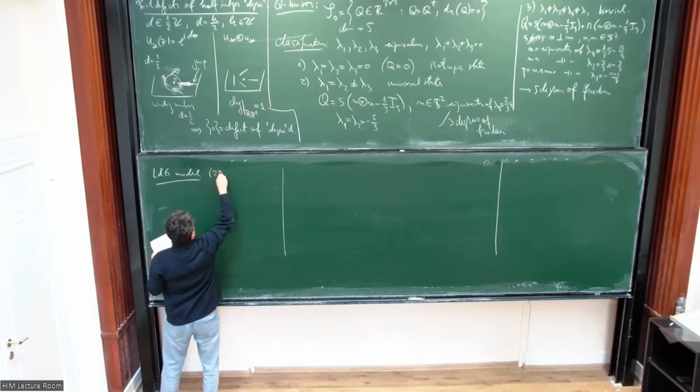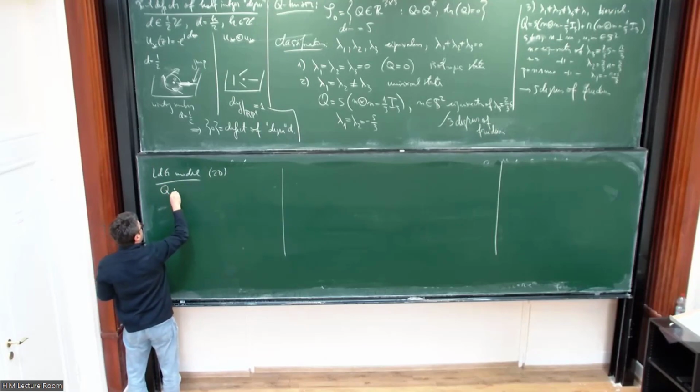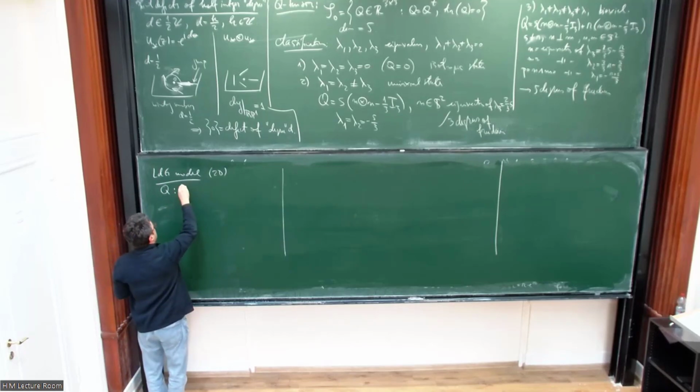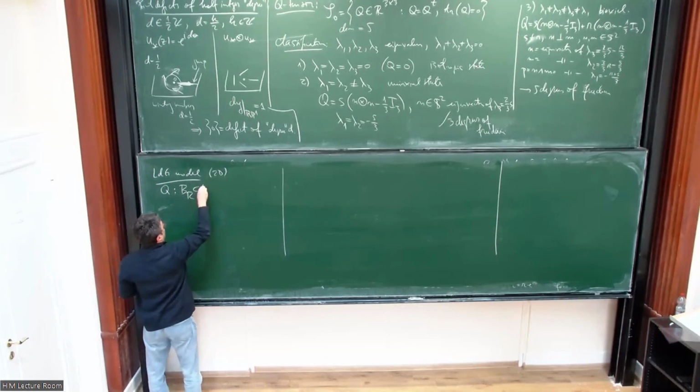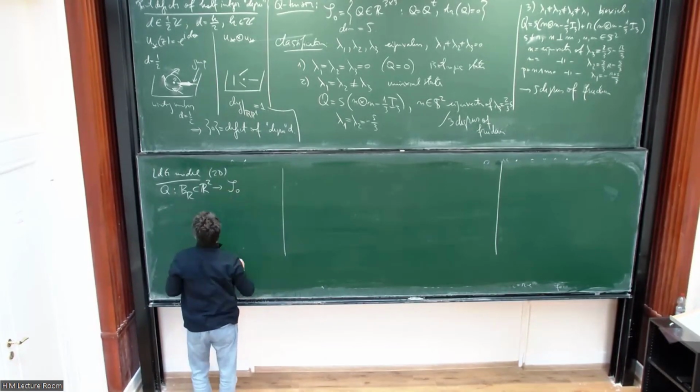Okay, so I stick to D. Our Q tensors are maps defined on the ball or the disk with values in the set of Q tensors.